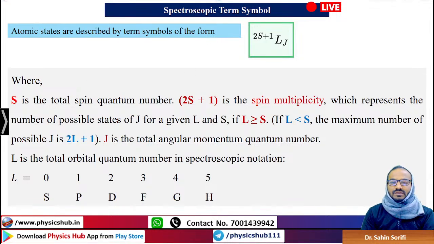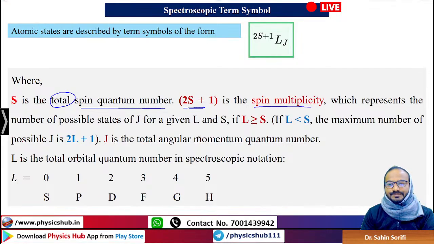S is the total spin quantum number. 2S plus 1 is known as the spin multiplicity, which represents the number of possible states of J for a given L and S. This formula will be used when L is greater than or equal to S, and most of the time this condition holds. If L is greater than or equal to S, then you will write 2S plus 1.